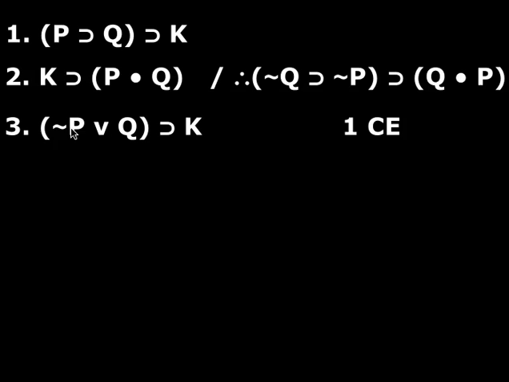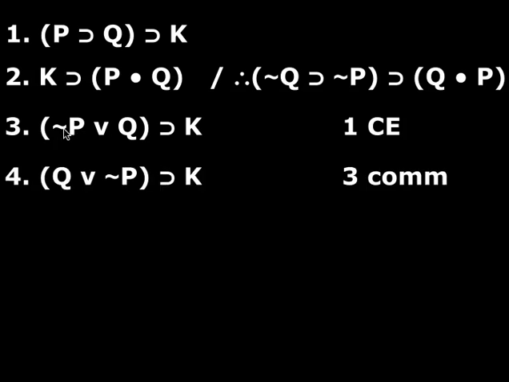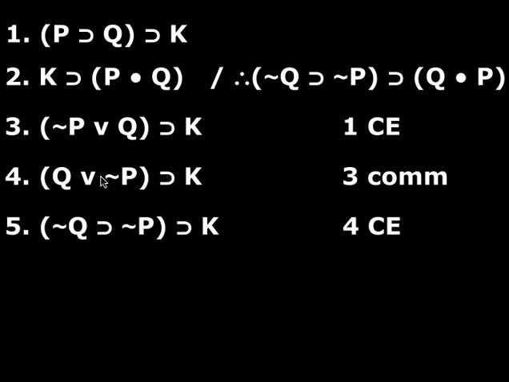Now I'm going to use commutation to swap the order of the not P and the Q. I'm going to move Q here and not P there. Now when I do conditional exchange to turn it back into a conditional, wedge becomes horseshoe, that goes down, negate the first component. So what I've done is in 2 steps, well actually 3 steps, I've turned this into that, if not Q then not P.